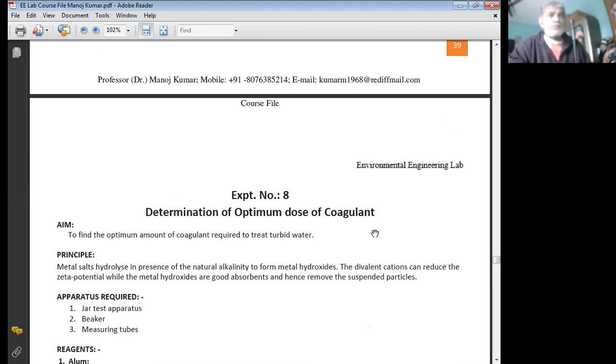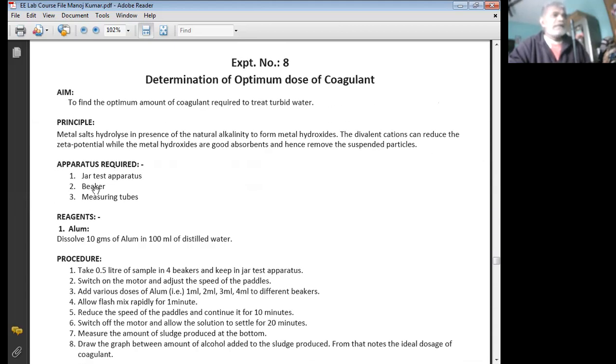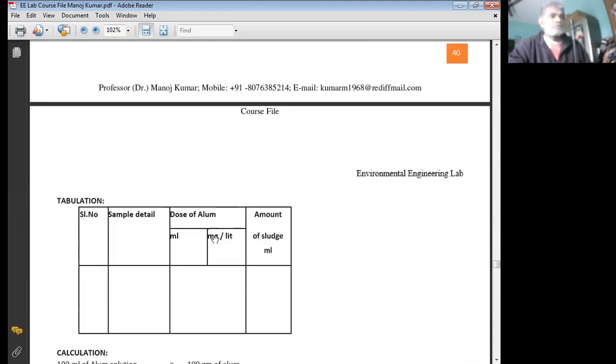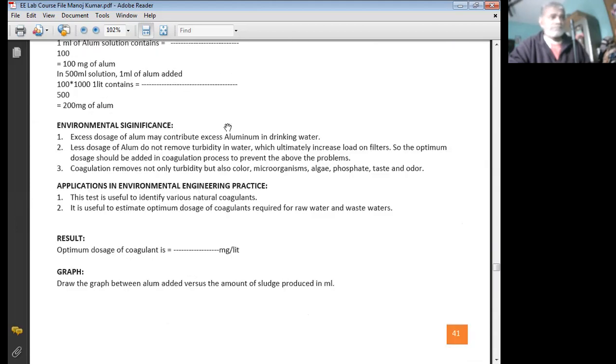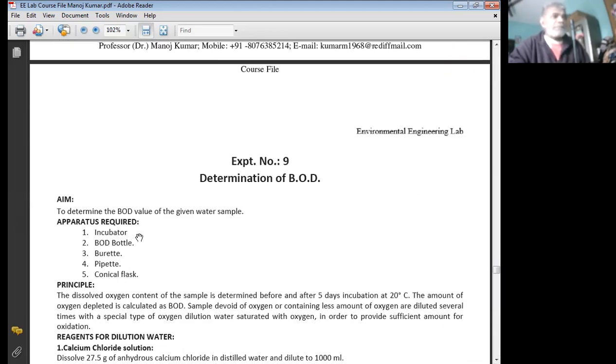Determination of the optimum dose of coagulant, to find the optimum amount of coagulant required to treat turbid water. Apparatus required: jar test apparatus, beaker, measuring tubes. Determination of BOD. Apparatus required: incubator, BOD bottle, burette, pipette, conical flask.